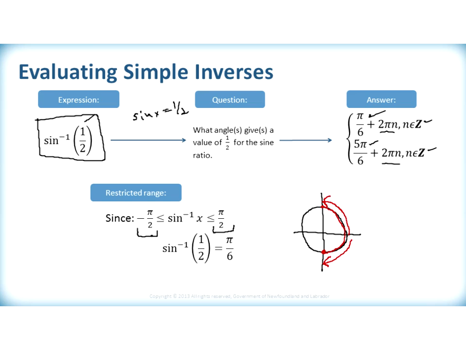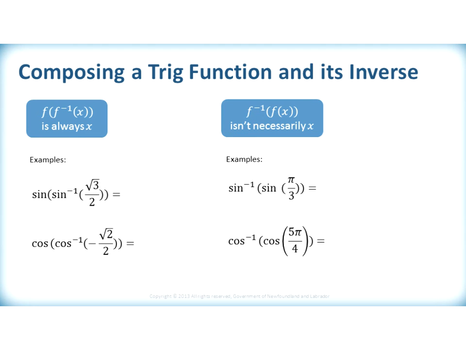Any further than that, and I'm going to violate the rules of evaluating an inverse sine and staying within its range. So the only possible answer out of this whole group that would fit inside that is pi over 6.